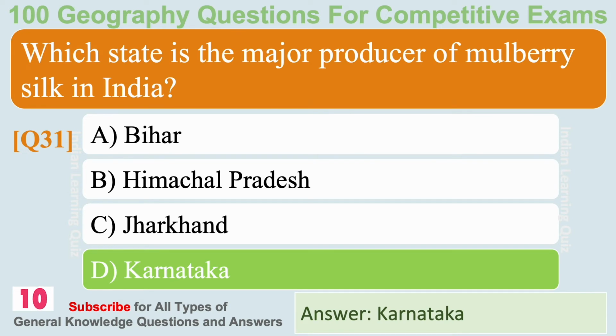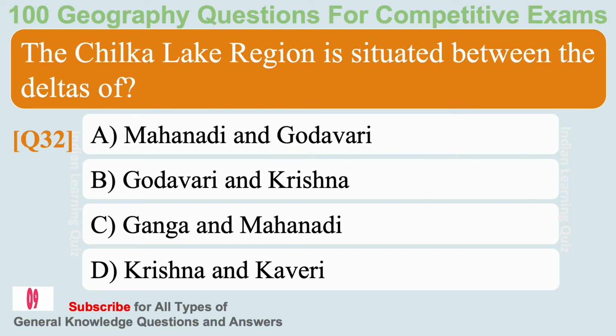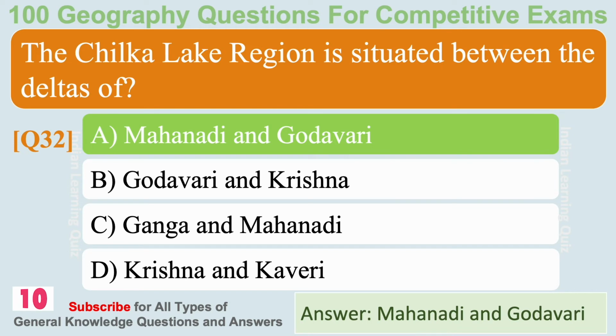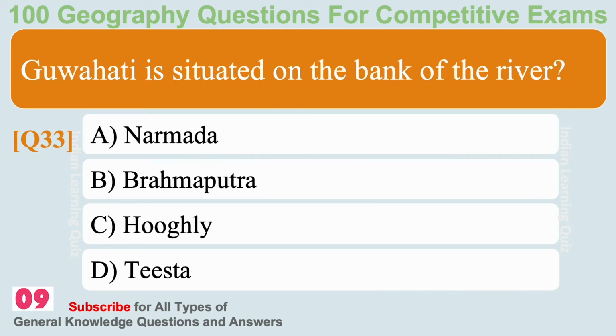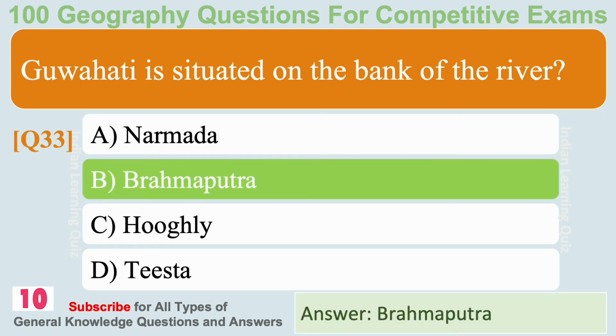Answer. Karnataka. The Chilka Lake region is situated between the deltas of... Answer. Mahanadi and Godavari. Guwahati is situated on the bank of the river... Answer. Brahmaputra.